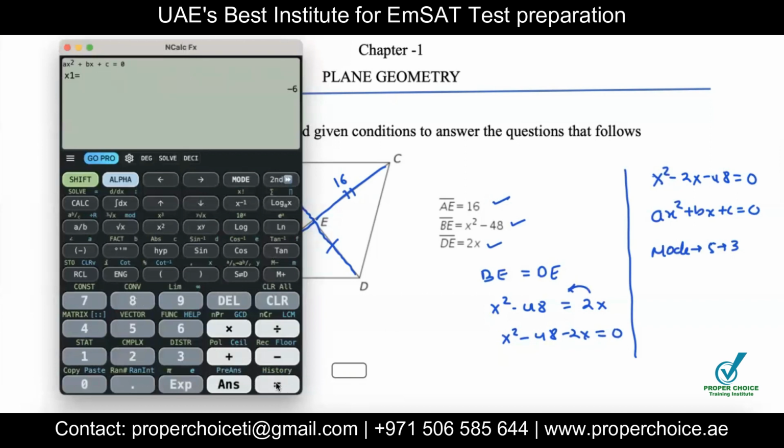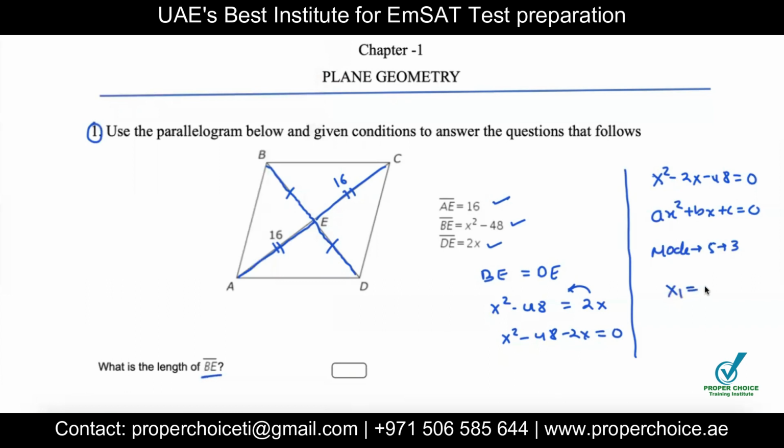After that, you'll get the two values of x. One is negative 6, another is 8. So x1 I got as negative 6, x2 I got as 8. So x1 and x2 are basically the values of x.